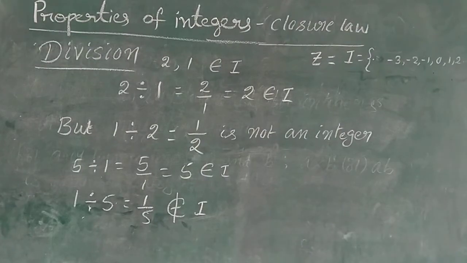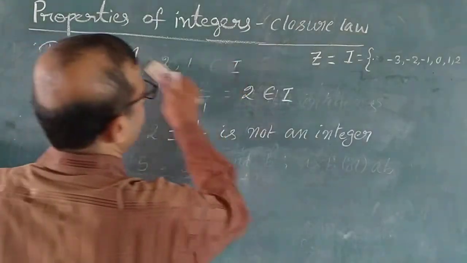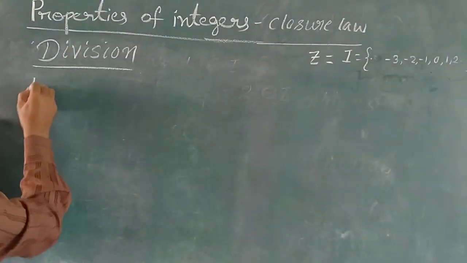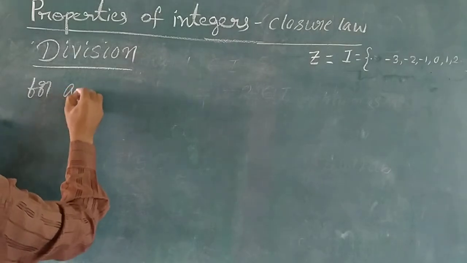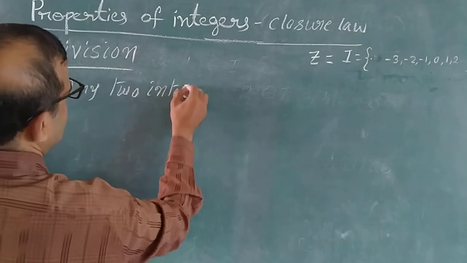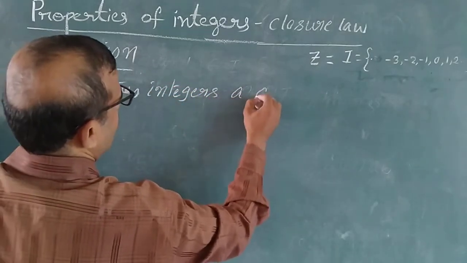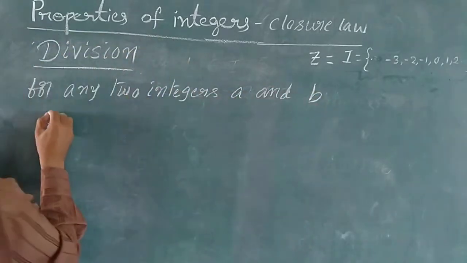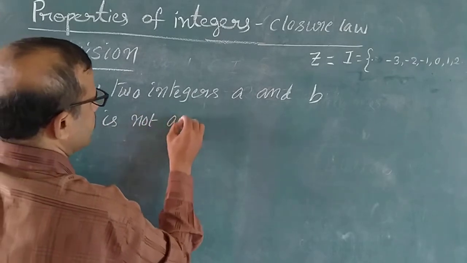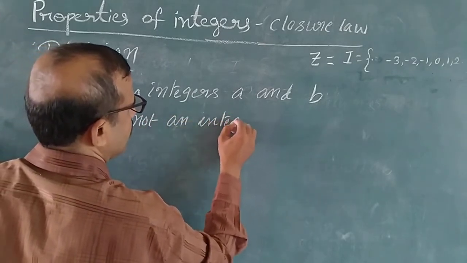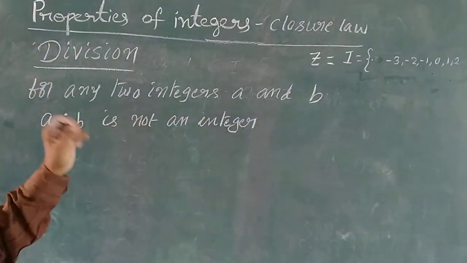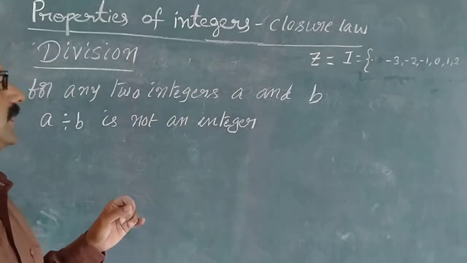Therefore, for any two integers a and b, a divided by b is not always an integer. If even one case is not possible, then it is not possible.